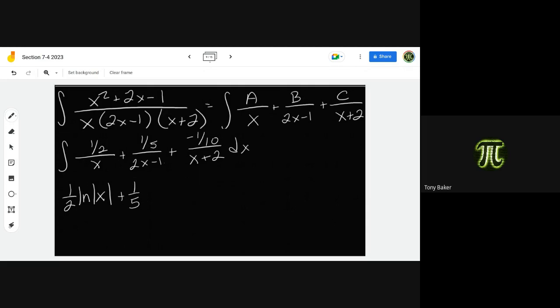For ln, it's like x, almost. I got that 2. So because remember, we're doing u substitution, if I make u equals 2x minus 1, du is 2 dx. So I have a half that I have to pull out, and then it's my ln of 2x minus 1.